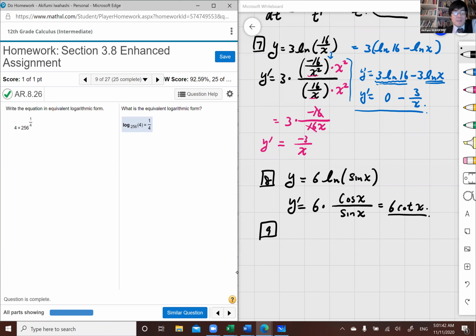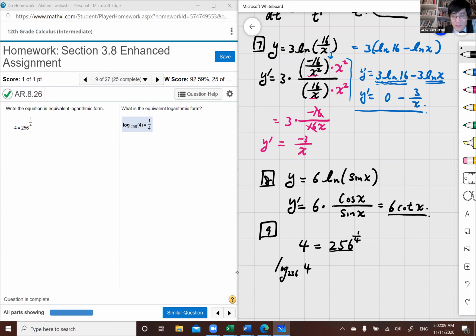Okay, this is again a review question. The question is just to write an exponential expression into a log expression. Let's put both sides of the expression into any log. For example, in this case, the base is 256, so let's put it into base 256.